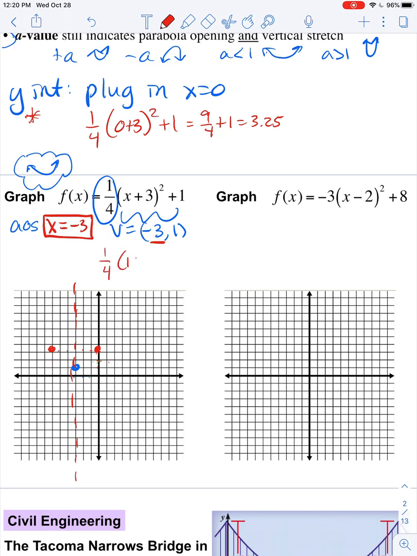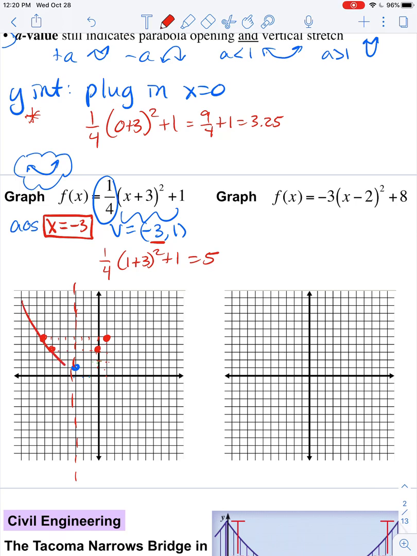So I would have 1/4 out in front of 1 plus 3 squared plus 1. That's going to be 4 squared, 16 over 4. So I end up with a 5. So if at 1 I'm at 5, and that is 4 to the right of my axis of symmetry, then 4 to the left, I'd get another point.